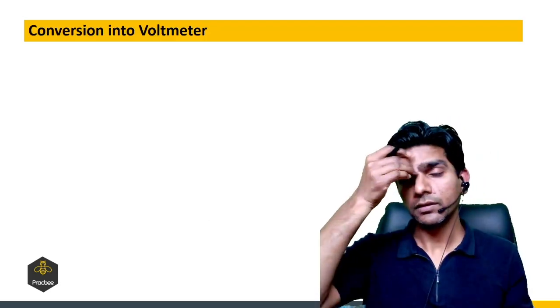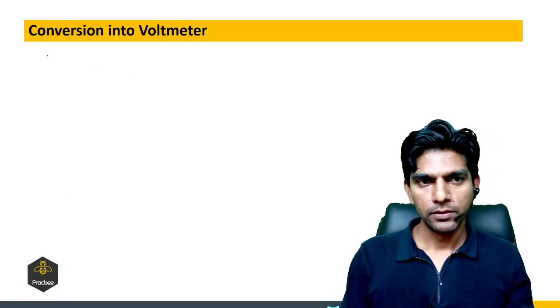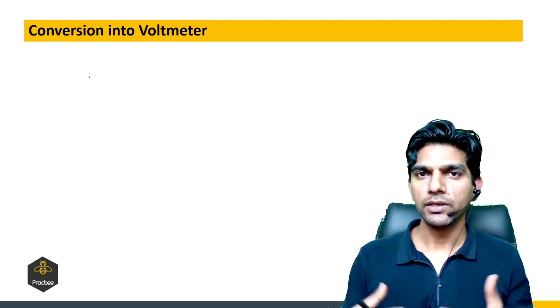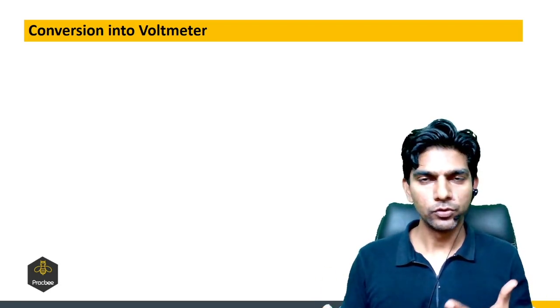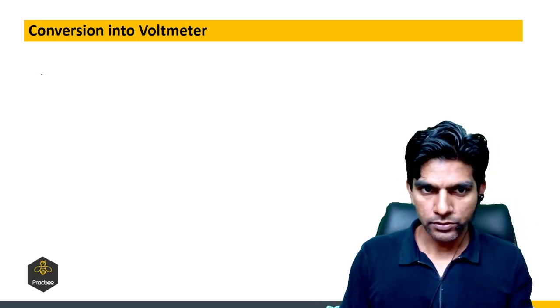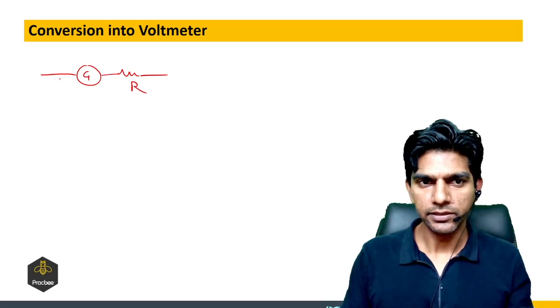Now let us see how we can convert galvanometer into voltmeter. Ideal voltmeter has infinite resistance. So if we want to convert a galvanometer into a voltmeter, we have to connect a very high resistance in series. So this is the galvanometer, and we have connected a resistance R in series.